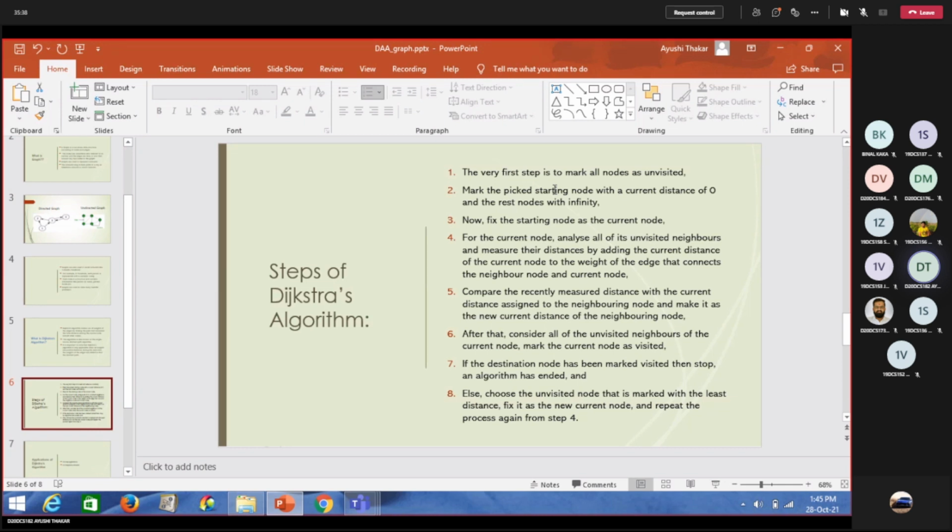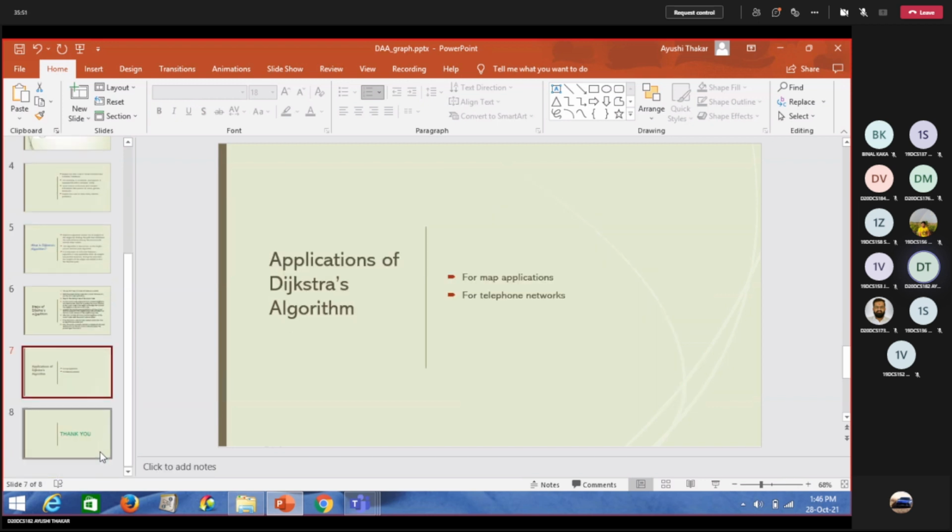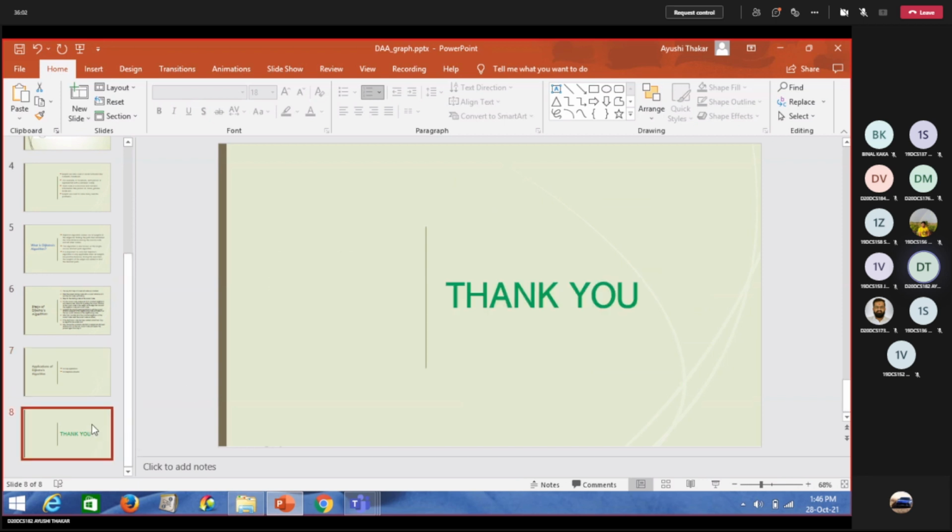If we have not visited the neighbor nodes, we have to repeat the steps one by one again and again. So these were the steps, and applications of the Dijkstra algorithm are map applications, telephone networks, etc. Thank you, ma'am.